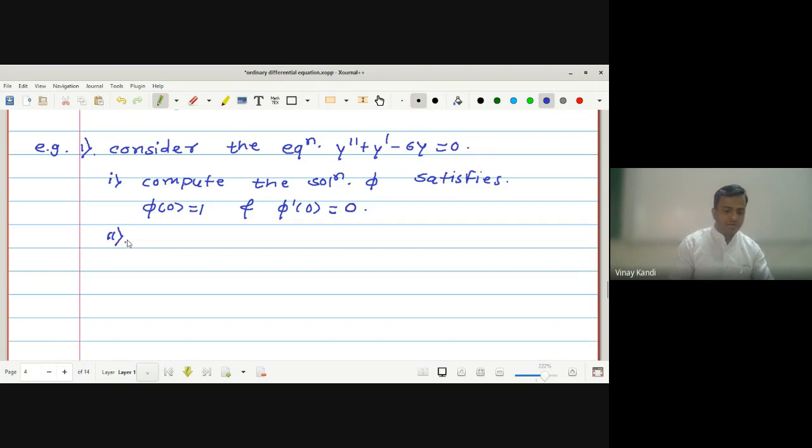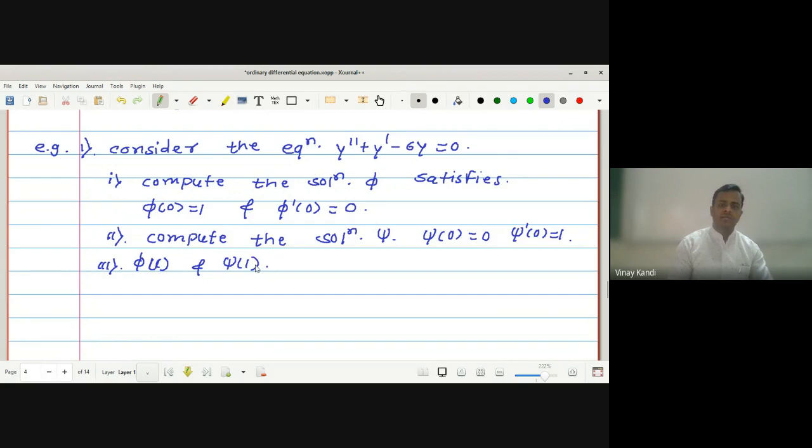Second one, compute the solution psi such that psi of 0 is equal to 0 and psi dash of 0 is equal to 1. Now, third one.